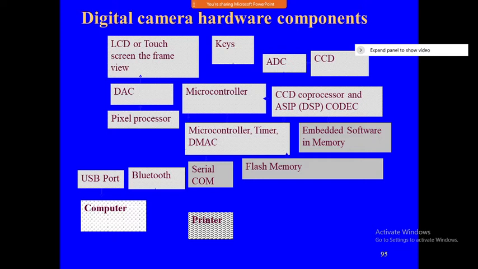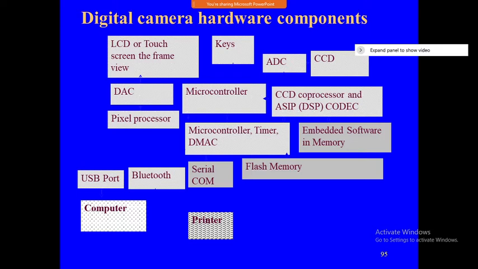Next is a CCD. CCD means charge coupled device. The CCD processor is necessary. Next, a microcontroller is necessary: pixel processor, microcontroller, timer, DMAC. Next is the embedded software in memory.